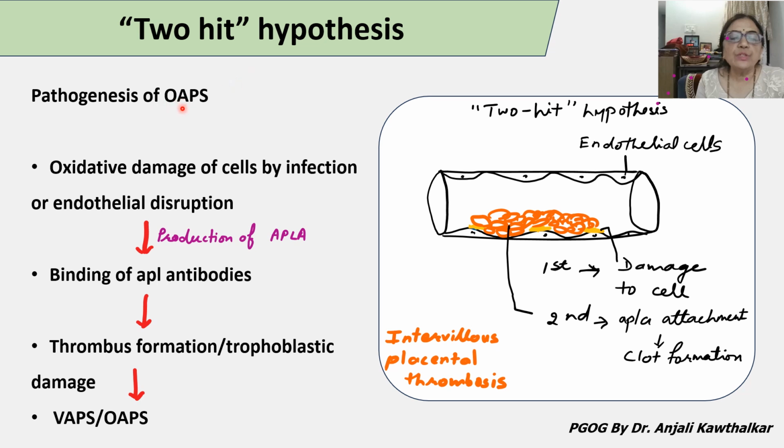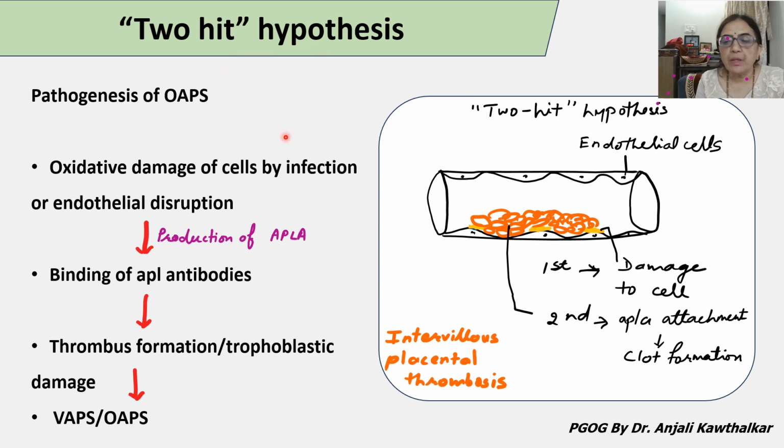Now, there is a pathogenesis of this obstetric antiphospholipid syndrome. There is a hypothesis called the two-hit hypothesis. Two-hit means there has to be some event in the body which leads to oxidative damage of cells, either by infection or some endothelial disruption in the vessels. Some injury occurs, where there is endothelial disruption or oxidative damage in the cells. That is the first damage which occurs. Then it is followed by production and binding of antiphospholipid antibodies. That is why it is called a two-hit hypothesis.